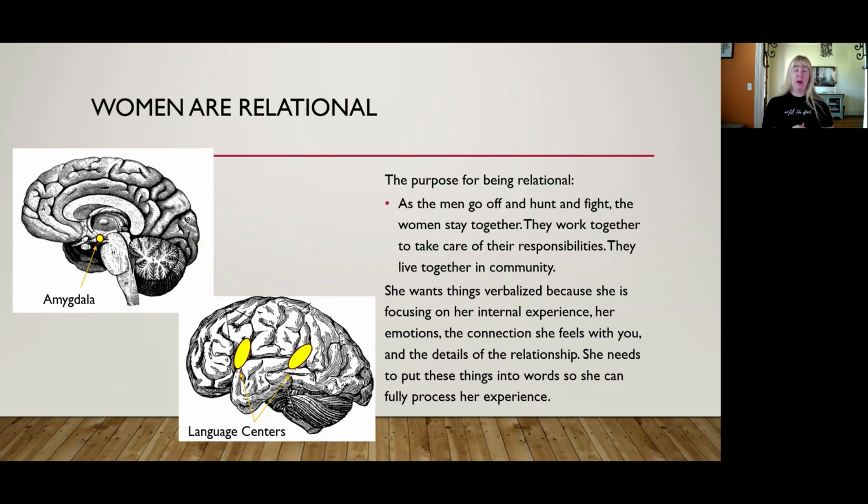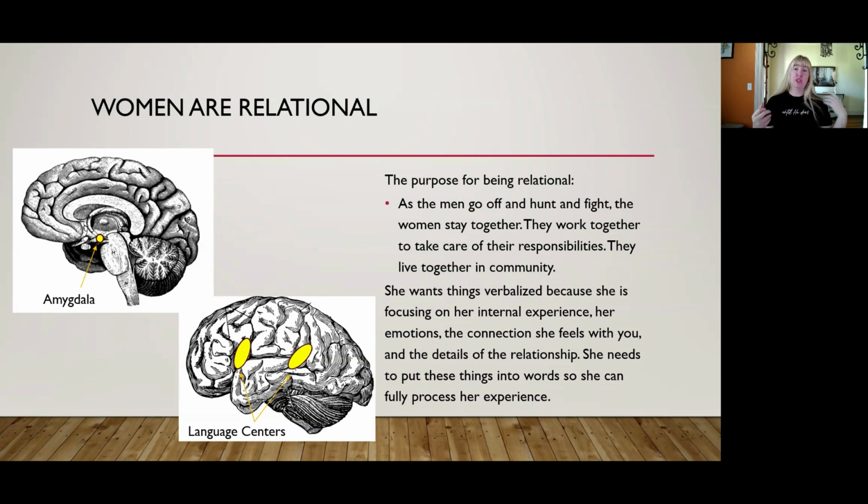And so what I'm encouraging all of you to do is to take this information and do a paradigm shift, kind of reframing this. And, women, be mindful of the way that your husband processes information and how the way that you're approaching him could be affecting him and vice versa.